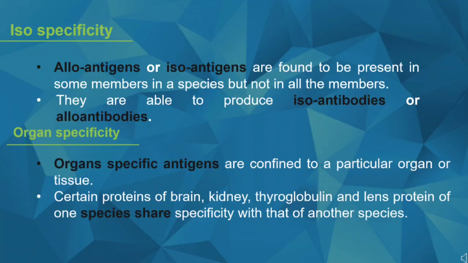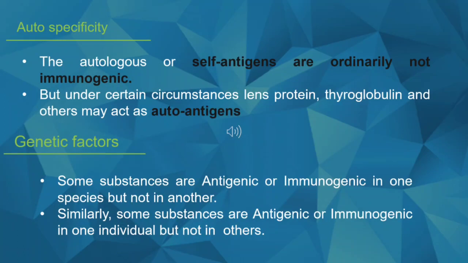And next is organ specificity. Organ-specific antigens are confined to a particular organ or tissue. Certain proteins of the brain, kidney, thyroglobulin and lens protein of the eye of one species share specificity with another species.